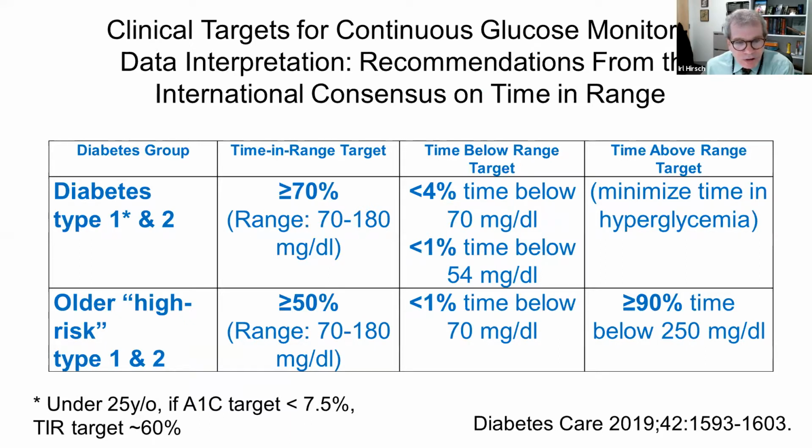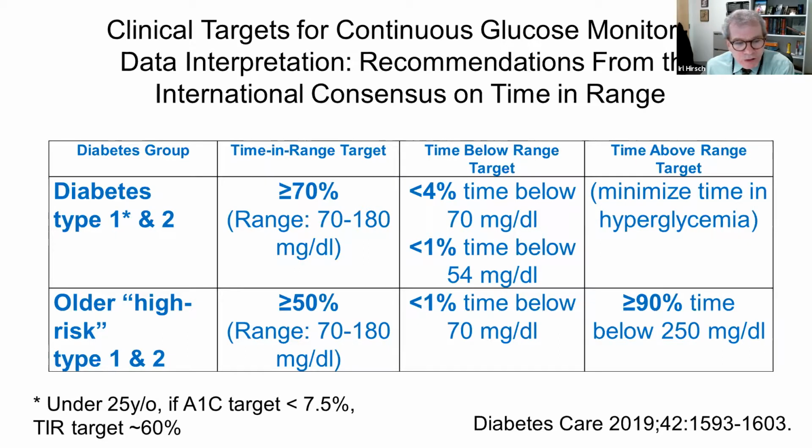And we call severe hypoglycemia time below range less than 54. So time above 180, we call time above range. And based on a lot of data, which we don't have time to get into now, for the majority of people with type 1 and type 2 diabetes, our target for this time in range is above 70%.